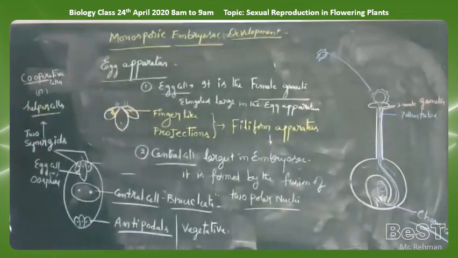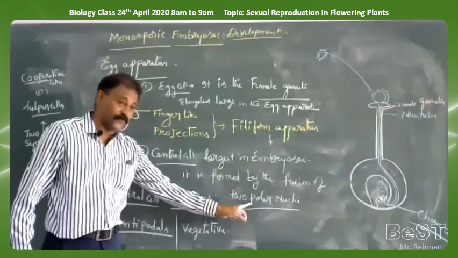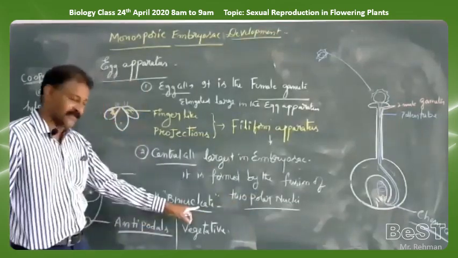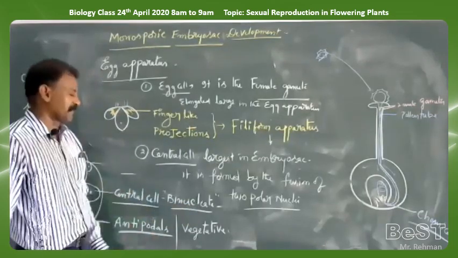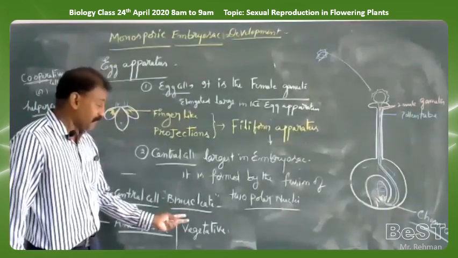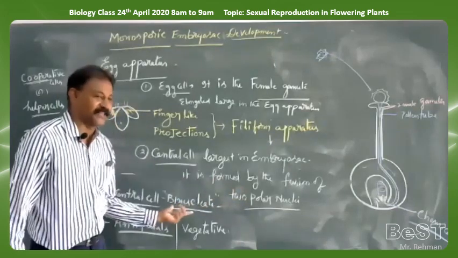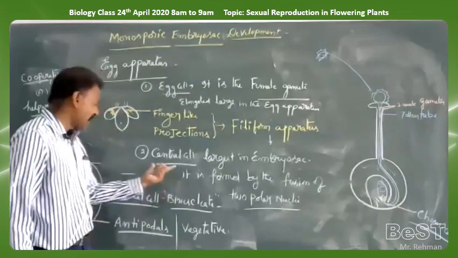When the upper polar nucleus and lower polar nucleus fuse, it is binucleate. It forms a wall and becomes the central cell. Because of the two nuclei, it is also called the secondary nucleus. Since it is formed by the fusion of two nuclei, it is called the fusion nucleus. Fusion nucleus, secondary nucleus, or central cell.